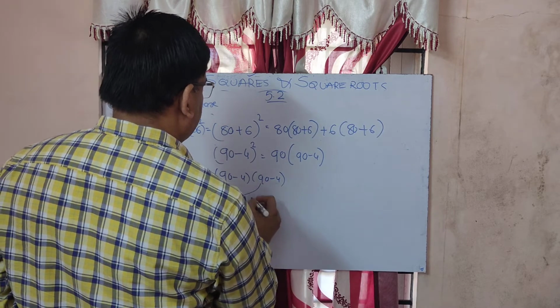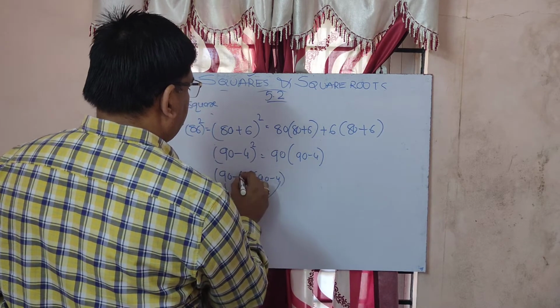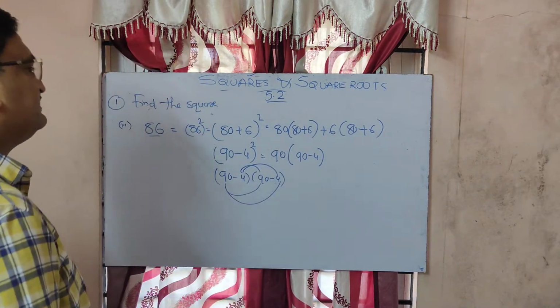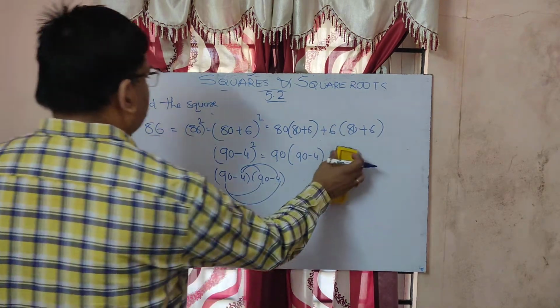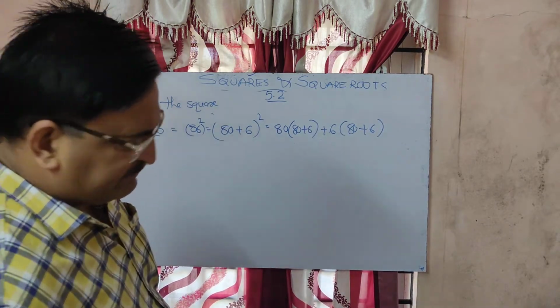So 90 and 90 minus 4, and here you have to do like this. This is the way you have to do it. You can choose any one method. Okay, let us do it by using this method.